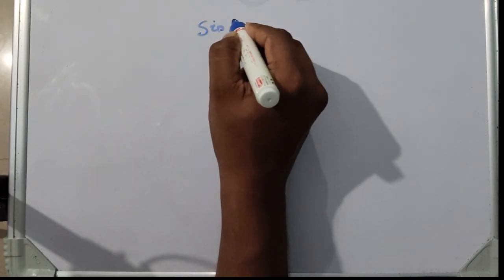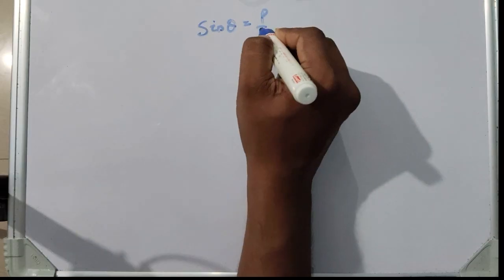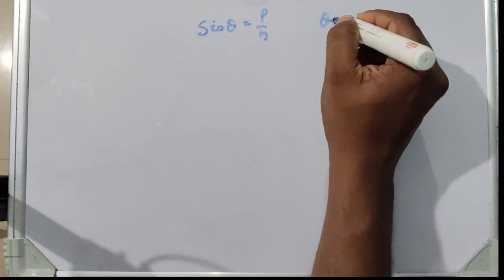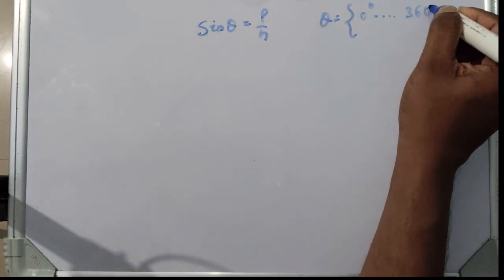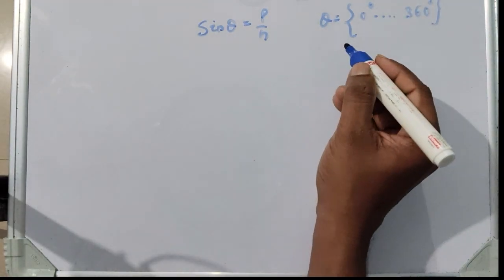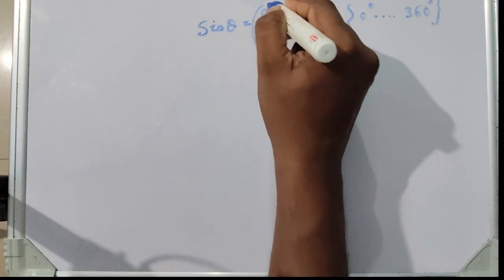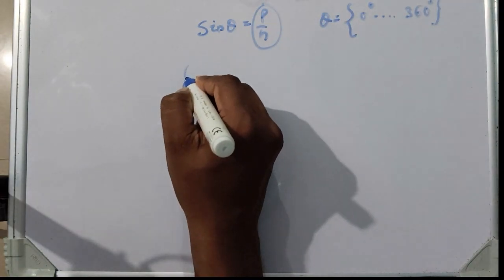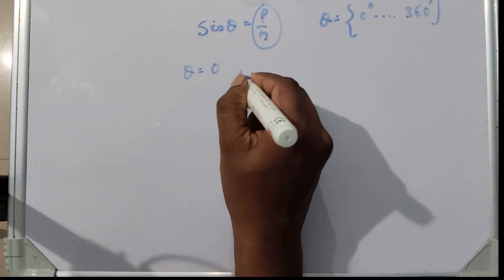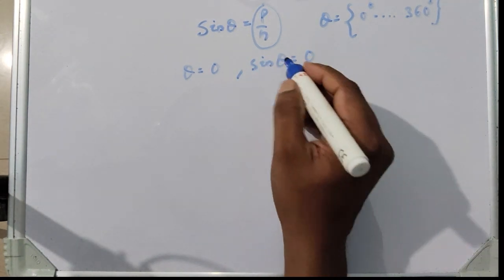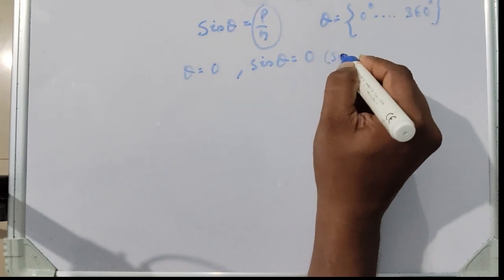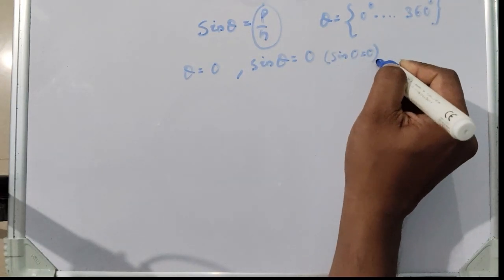So we have considered sine theta. Sine theta is equal to p by h. So we know theta is a set, it can take value from 0 to 360 degree. So what is the value of p by h? How much value can it take? Let's say theta is equal to 0. Then what is the value of sine theta? 0, because we know sine of 0 is equal to 0.